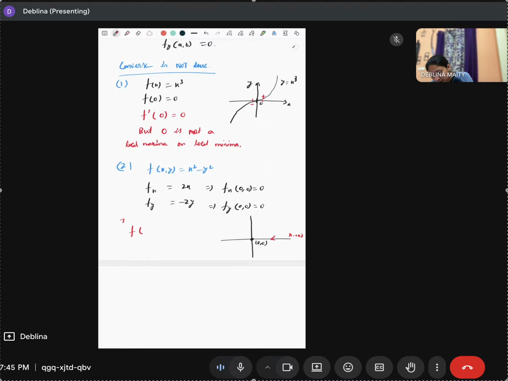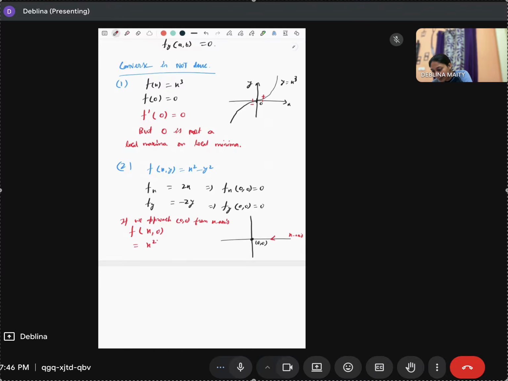If we approach (0,0) from the x-axis, y is 0, so f(x,0) is x square.